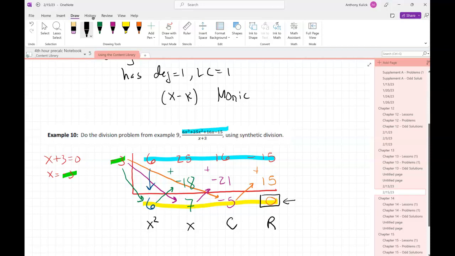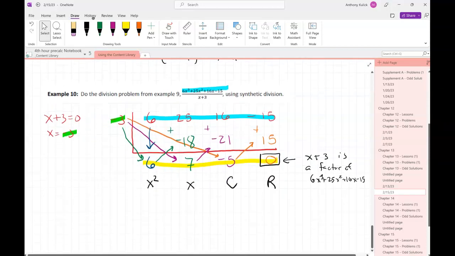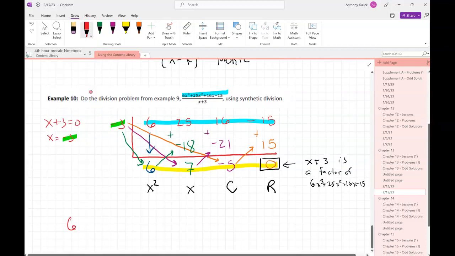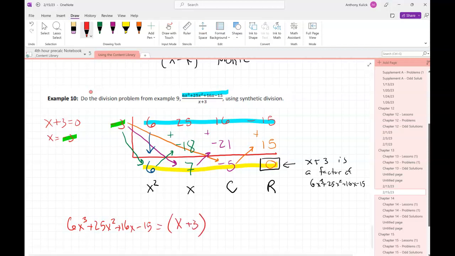So because the remainder was 0, that tells us that x plus 3 is a factor of our dividend. Everybody's okay there?